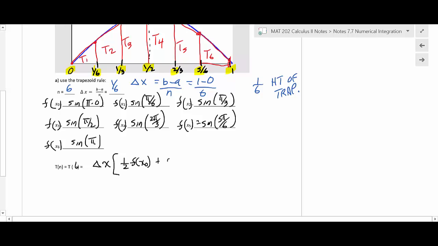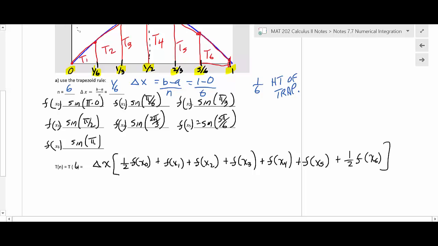Then we go f of x1 plus f of x2 plus f of x3 plus f of x4, f of x5, and then when we get to the last function value, you got to do the half like that. So it's a real easy formula to remember. You're just factoring out the delta x, because that's the same in each trapezoid. Okay, everybody with me?